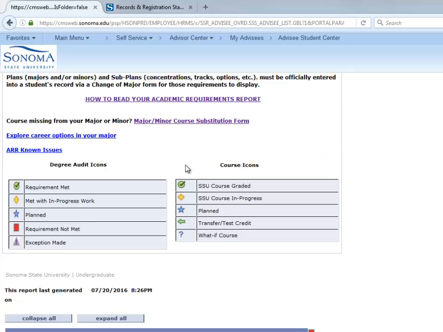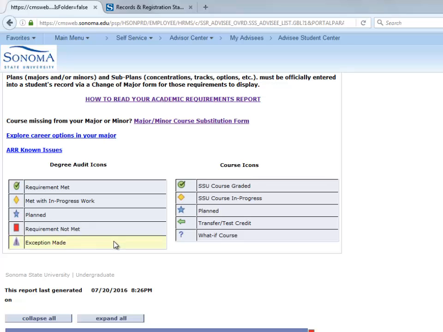The most commonly used icons are the green circle with a check mark, which indicates that the requirement has been completed, the yellow diamond, which indicates that the requirement is being completed with a course that you are currently registered or enrolled in, a red square, which indicates that the requirement is not yet completed, a purple triangle, which indicates an exception.